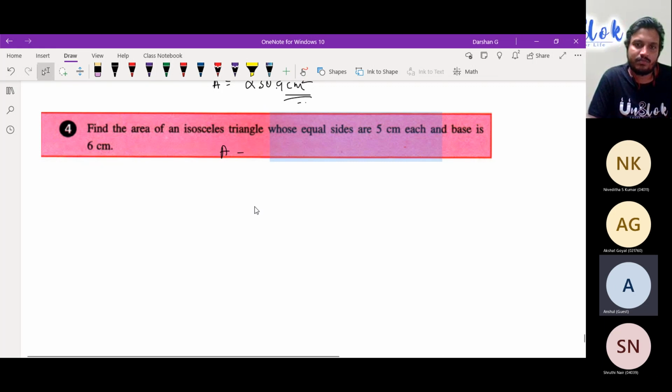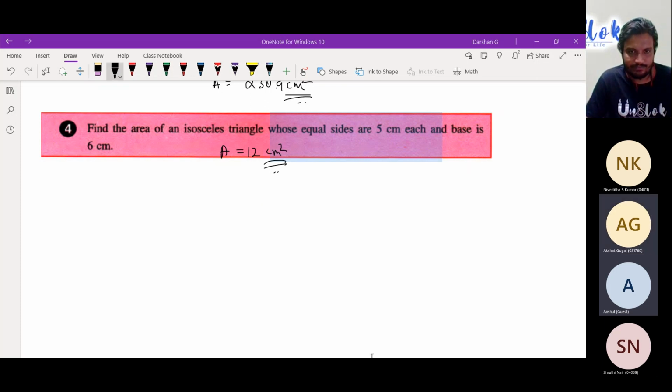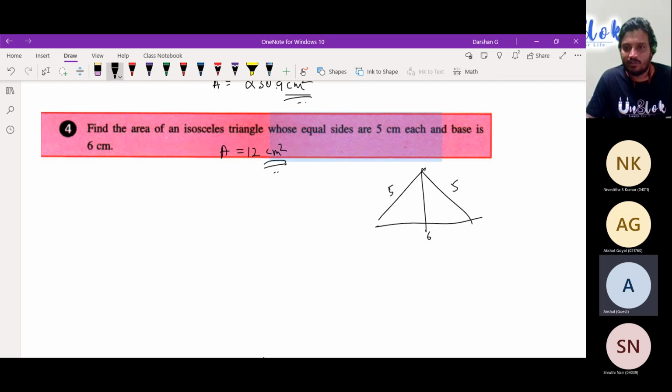Very good. Do you want to share which method you used to get it so fast? Sir, I drew a perpendicular through the middle. So 5 square minus 3 square is equal to the height square. So from that I got height as 4. Yeah, very good.